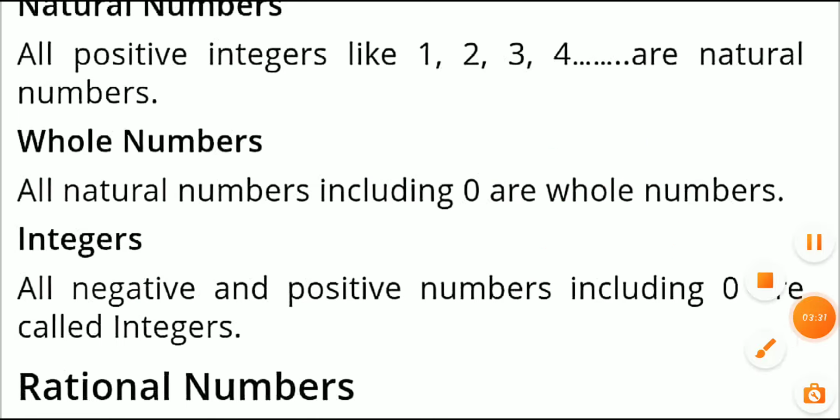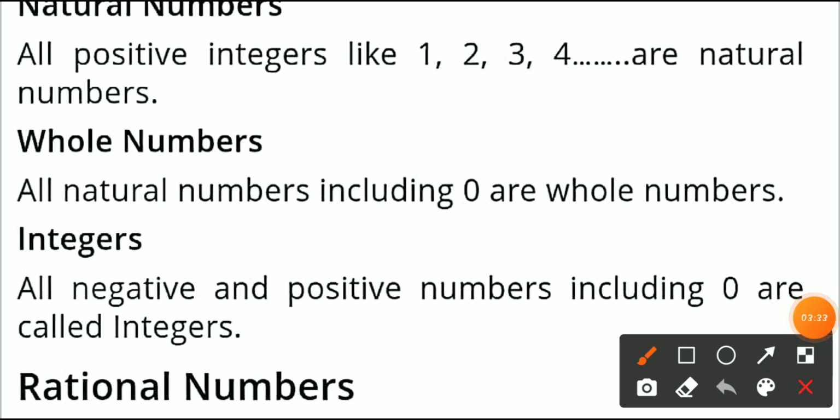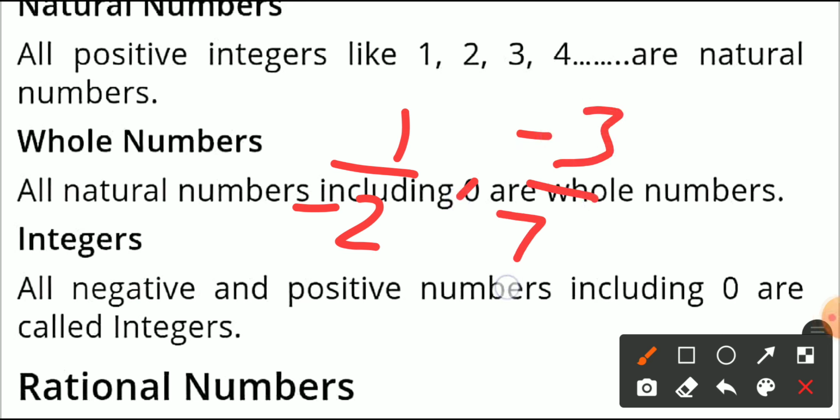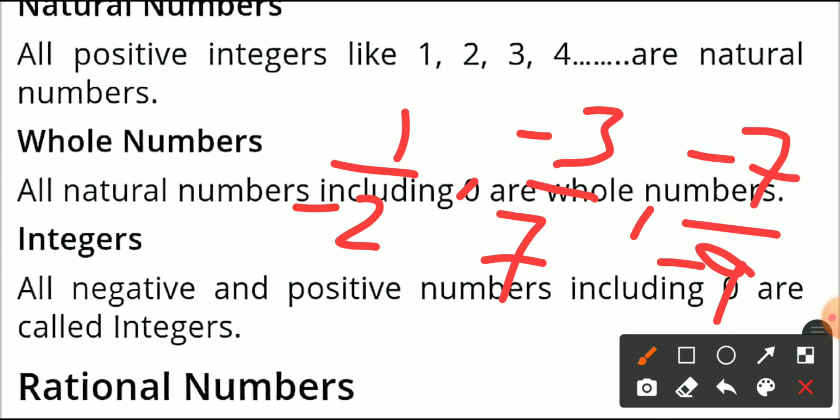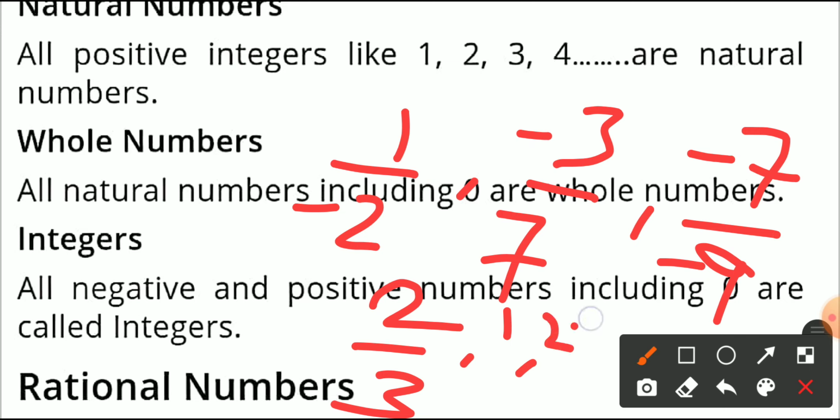But in rational numbers, we will see numbers like 1 upon minus 2, minus 3 upon 7, or minus 7 upon minus 9, or 2 upon 3, etc.